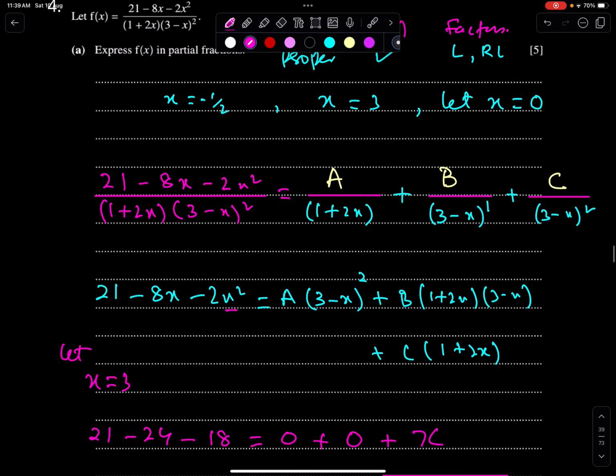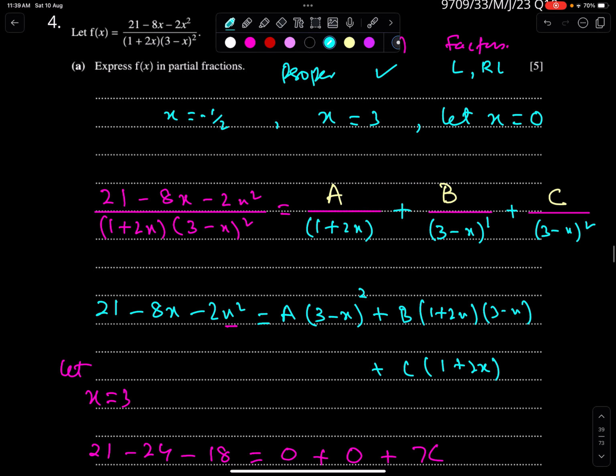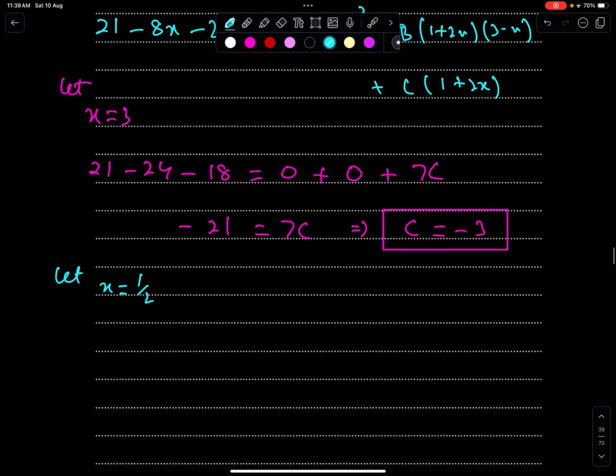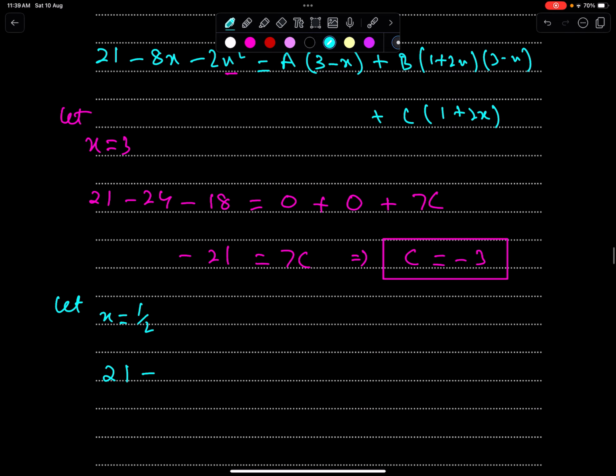Now substitute minus half. Be careful while substituting fractional values. So 21 minus, we are substituting minus half, 8 times minus half.